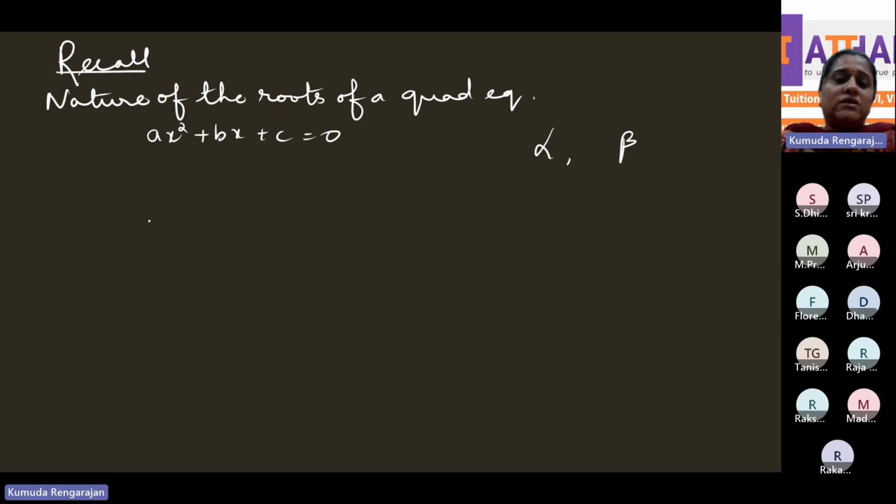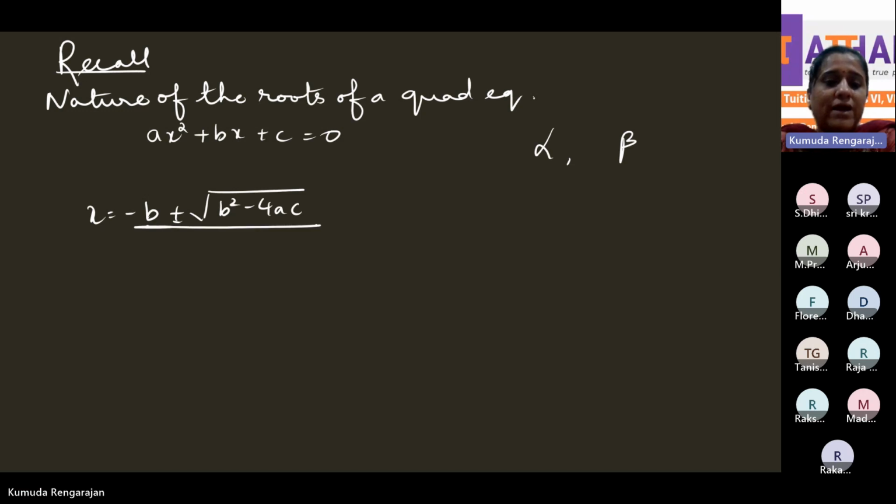Now, we understood the quadratic formula to find the roots of a quadratic equation. x is equal to minus b plus or minus root of b square minus 4ac by 2a, where this b square minus 4ac is called the discriminant.